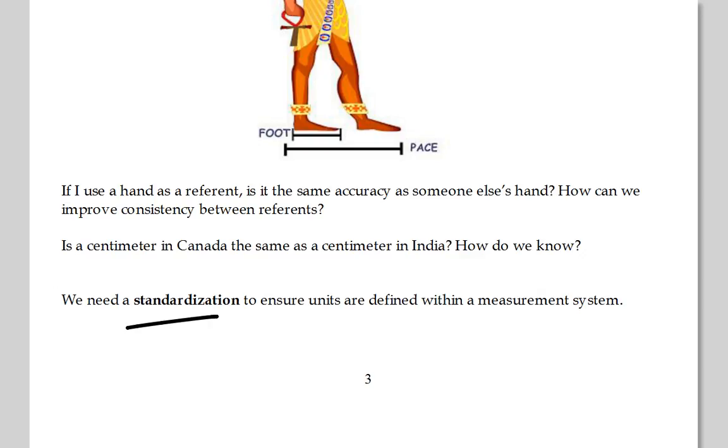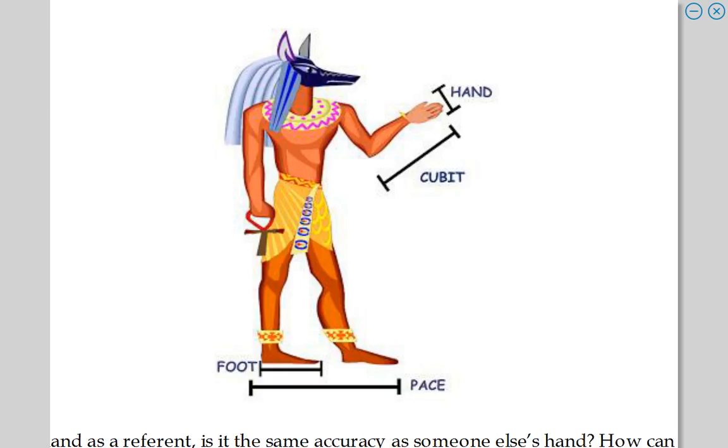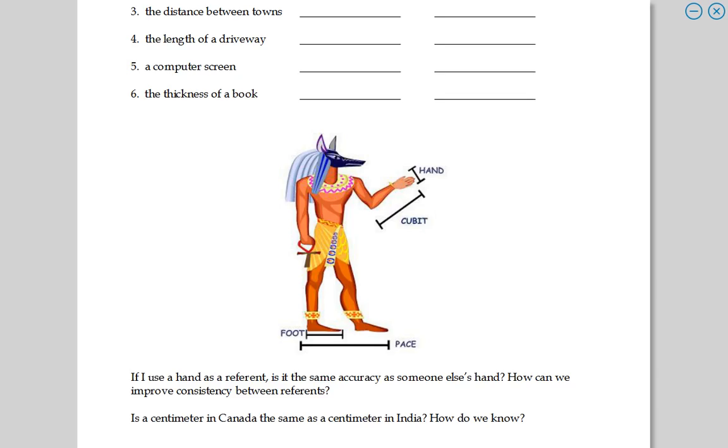If a meter is a meter in Canada, it better be a meter in the USA. It better be a meter in Europe. Okay? So this is standardization. You can see some reference on this Egyptian diagram. And there's lots of reading out there about this kind of stuff, but we're just going to pretty much glance over it. Okay? I probably want to just get right into unit conversions this first day.